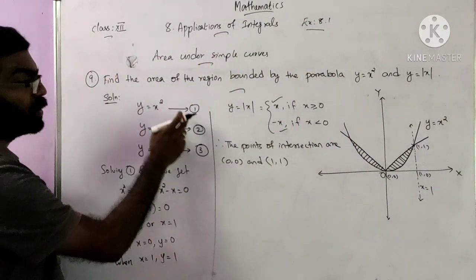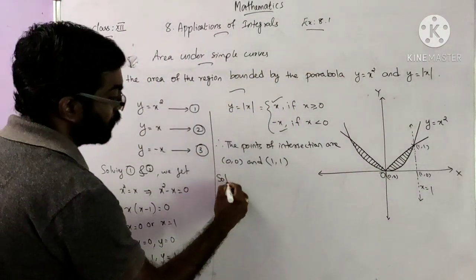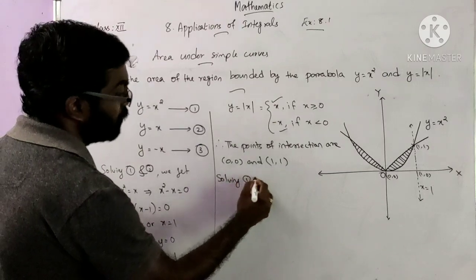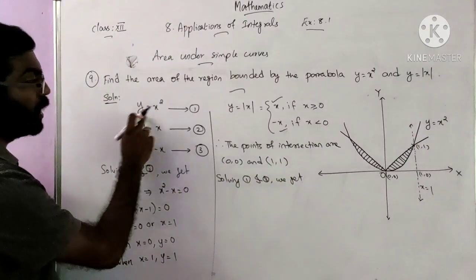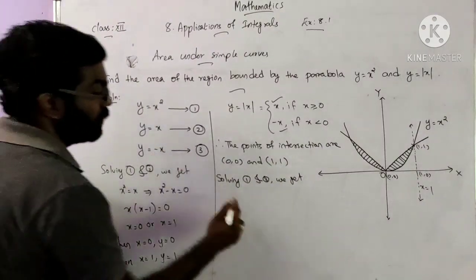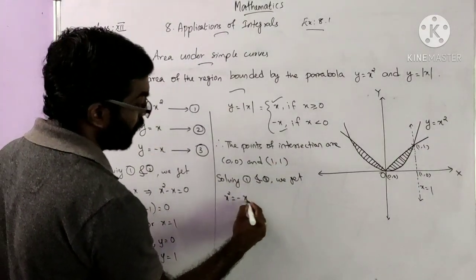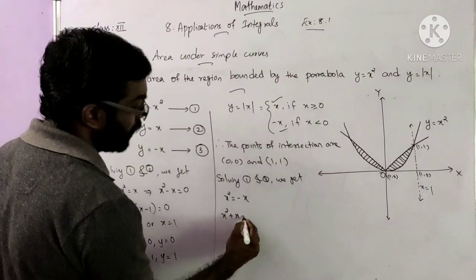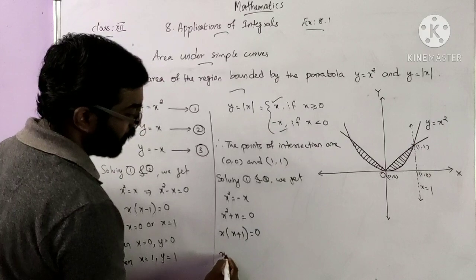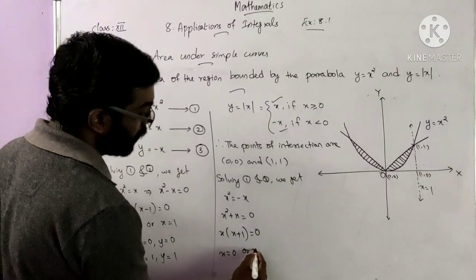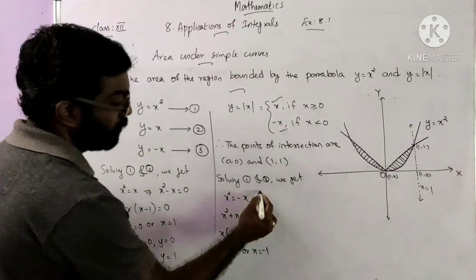Similarly, we can consider equation 1 and 3. So solving 1 and 3, we get here y equal to x square, y equal to minus x. So x square equal to minus x, x square plus x equal to 0, x into x plus 1 is equal to 0. That is x equal to 0 or x equal to minus 1.